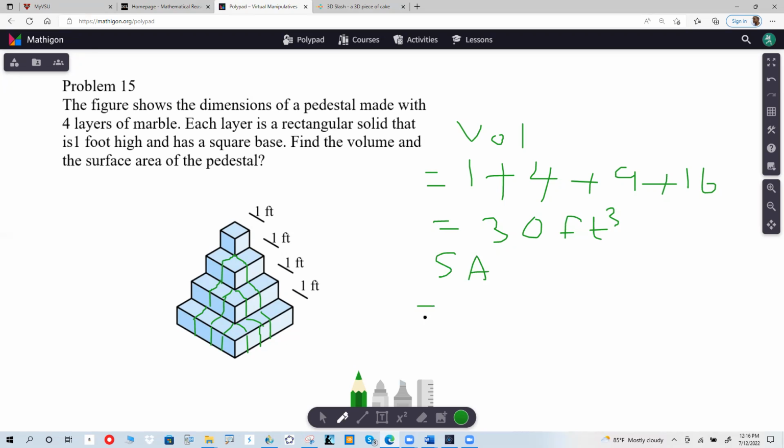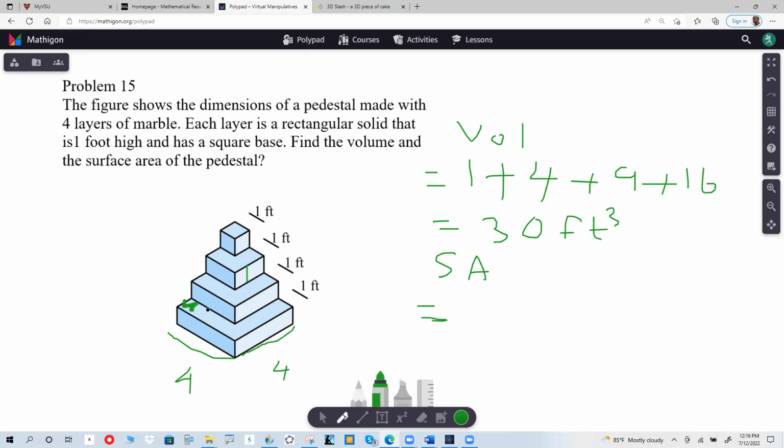Okay. I know I cut it up and you could see the green lines, but there's another way to look at it. In the bottom, you will get a 4 by 4 square. And to genuinely understand this, I'm going to get rid of all this. You really don't need this. What you have to understand, the bottom is a 4 by 4 square, and so are all of these together.